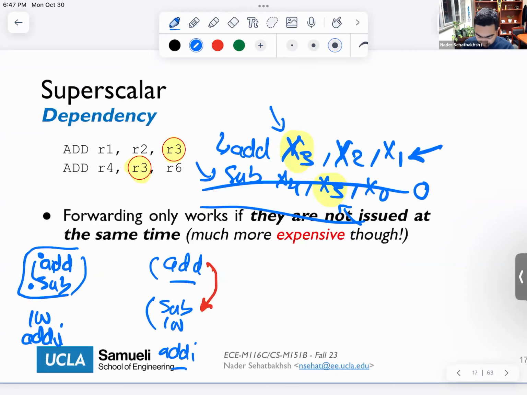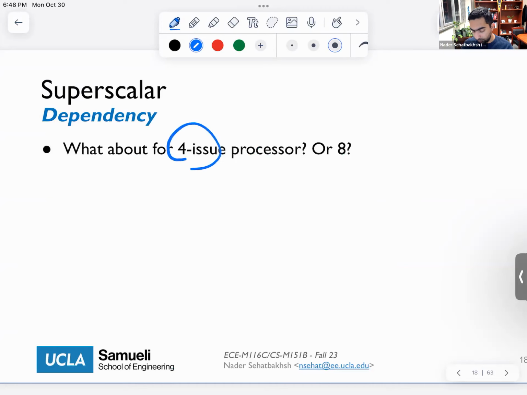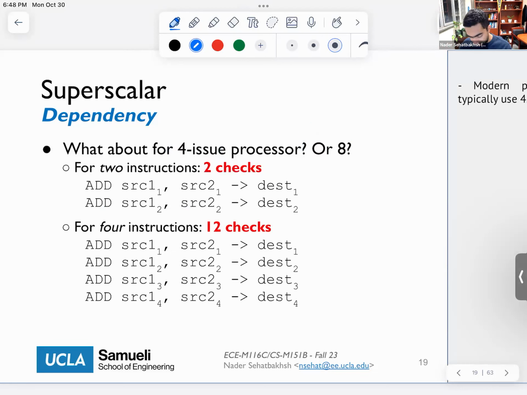But the problem is, for two-issue, it's kind of manageable, right? So I can figure out things. But what if we have a 4-issue processor or 8-issue processor, right? Then we need to check all the pairings in order to see if we can run things at the same time or not. For example, if you have source 1 and source 2 of add, if we have 2-issue, we basically just need to check these sources with this destination and this destination with these sources.